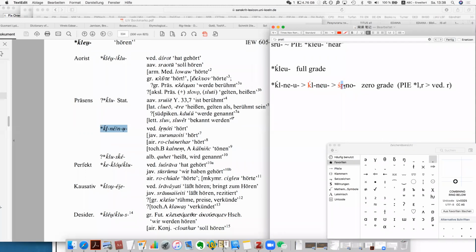So l between consonants becomes a vowel, ṛ. And the 0 grade, then the śṛṇu is the same. You just delete this a, and it's just the same thing, right? Okay. So what is the problem here?